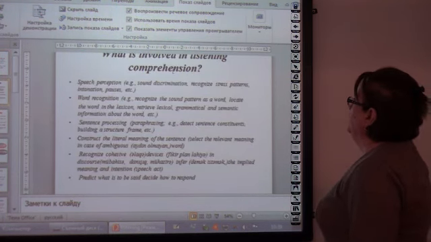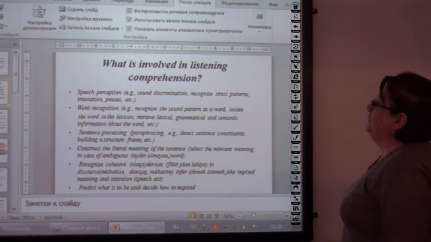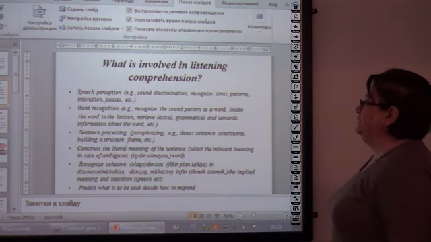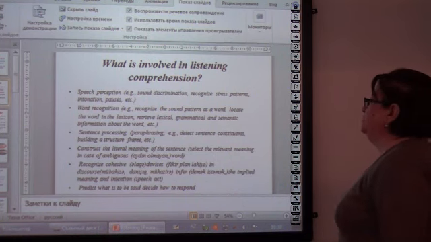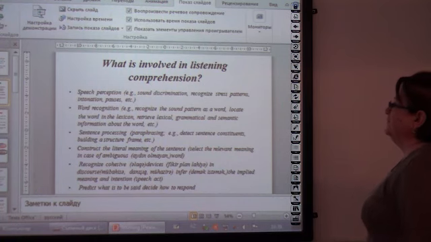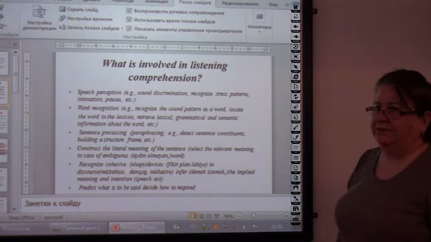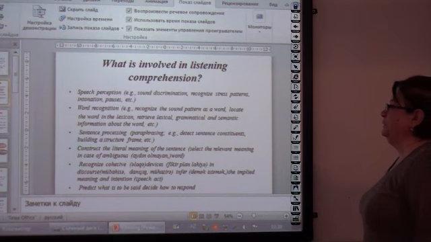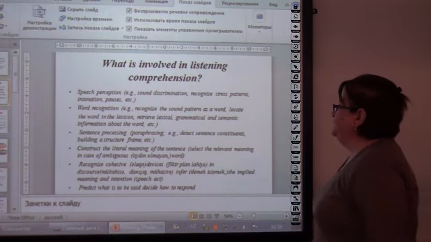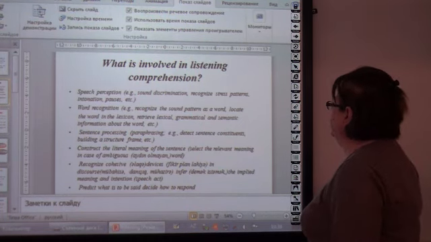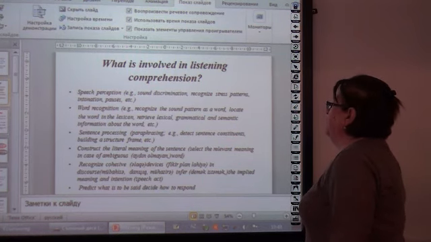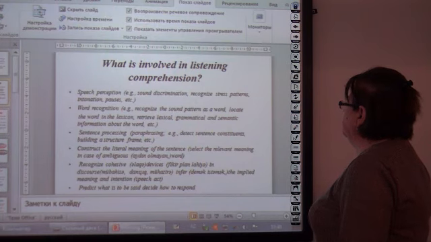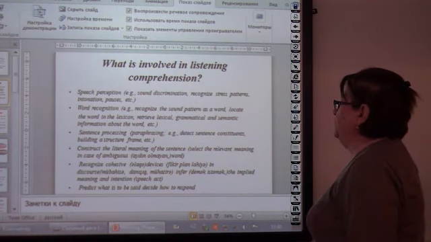Okay, what is involved in listening and comprehension? First, speech perception. It means sound discrimination, recognizing stress, patterns, intonation, pauses, and so on. Second, word recognition. Recognize the sound pattern as a word, locate the word in the lexicon, and get grammatical and semantic information about the word.